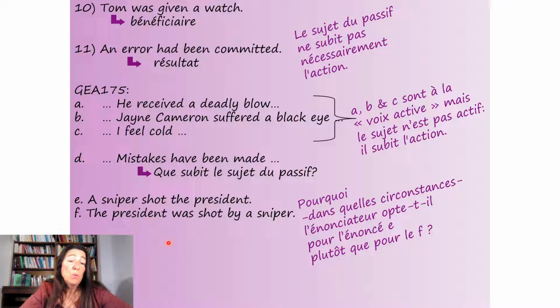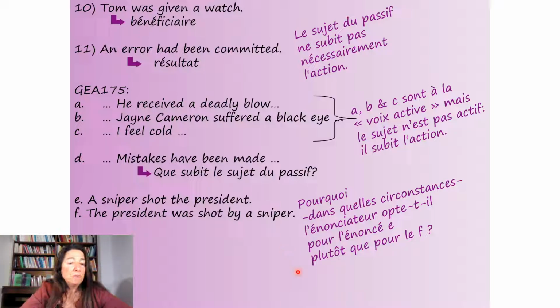Therefore, in what circumstances are we going to choose to say a sniper shot the president, and when are we going to say the president was shot by a sniper? So we'll come back to these two questions, and I'll let you think about it for now.